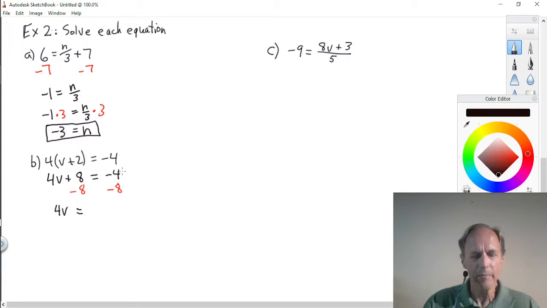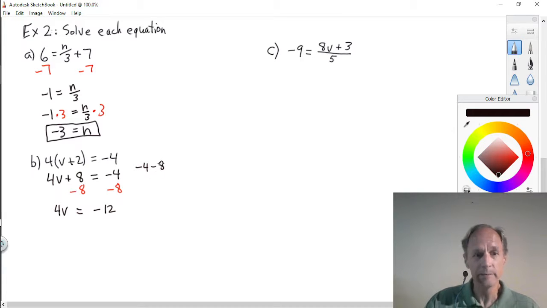So negative 4 minus 8, well, it's negative 12. But if you have trouble with this kind of thing, what I suggest is turn a subtraction into addition. So let's look at this. We have negative 4 minus 8. We'll just write it down over here in the margin.